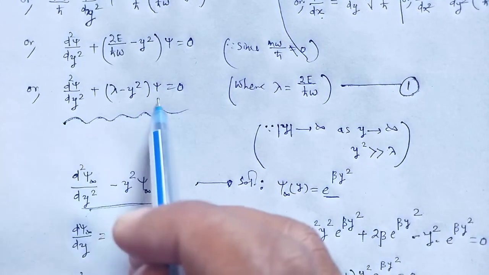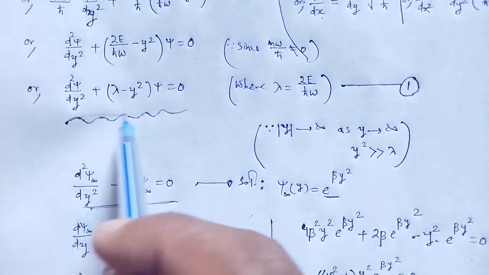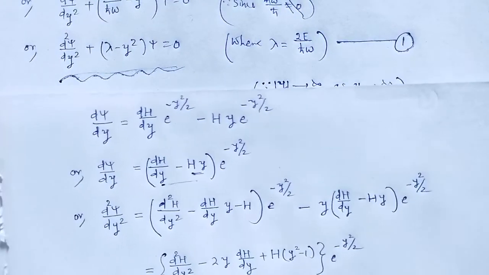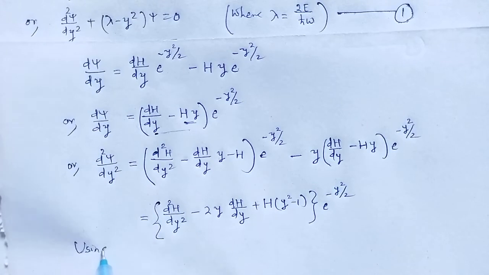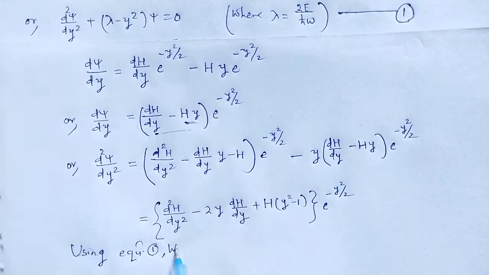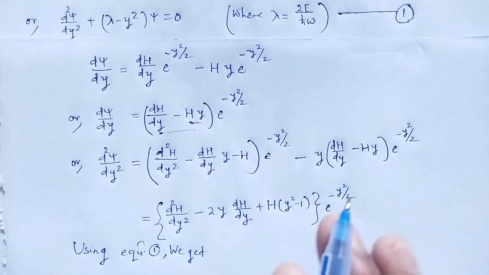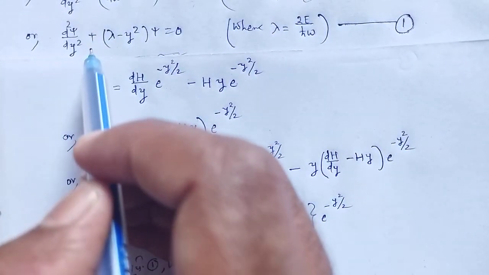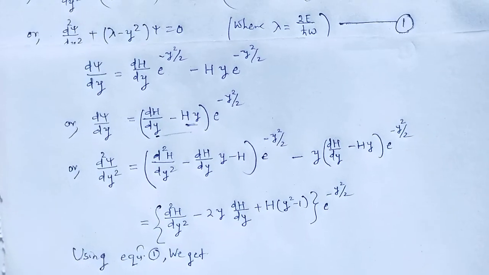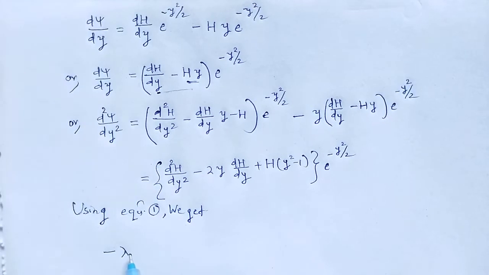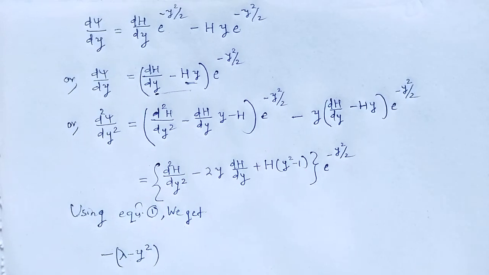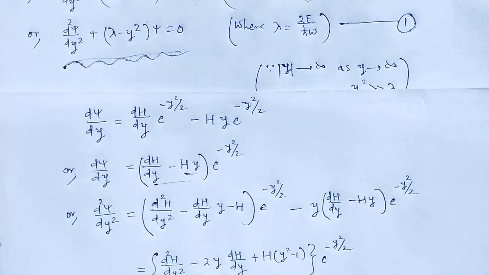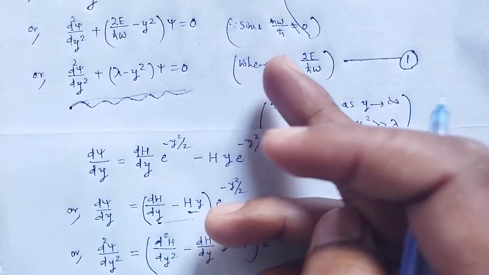So d square psi by dy square will be minus of (lambda minus y square) of psi. So using equation 1, in place of d square psi by dy square we use minus (lambda minus y square) of psi.